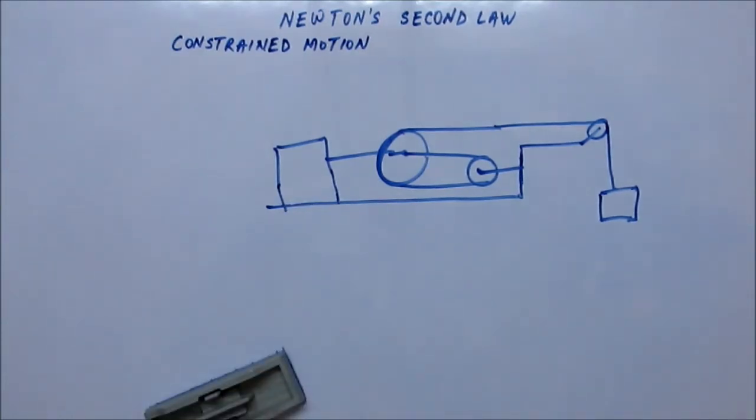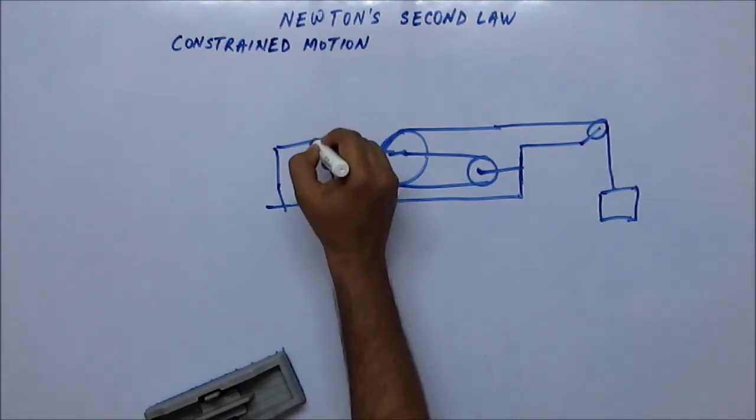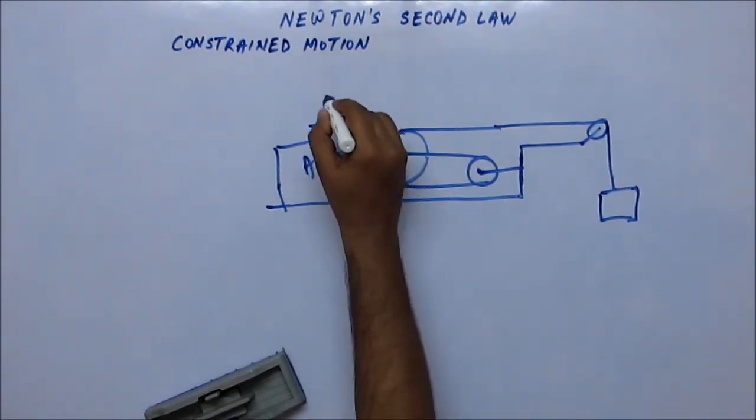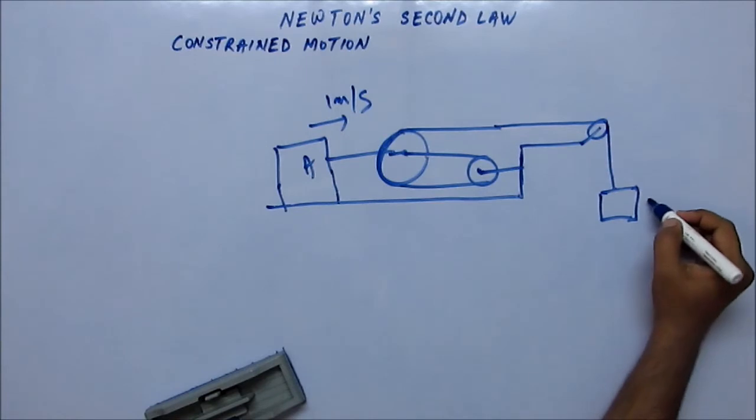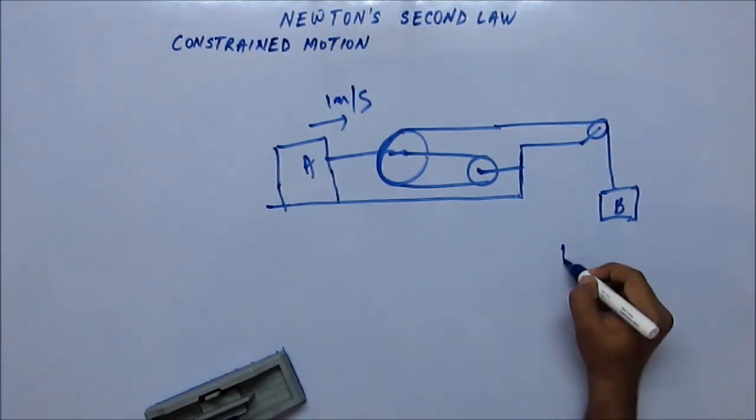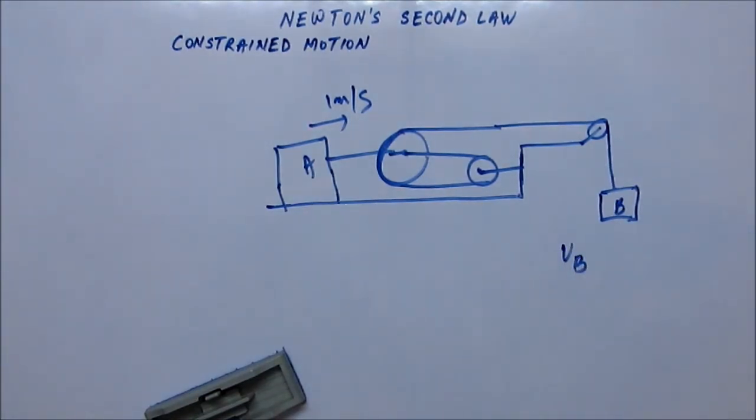Okay, so here it is for you. It's given that the velocity with which block A is moving is 1 meter per second. So what is the velocity of block B? Now you should be able to generate speed in you. Now you know the concept, now you have to develop speed.